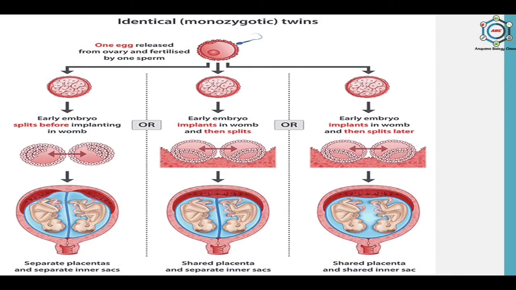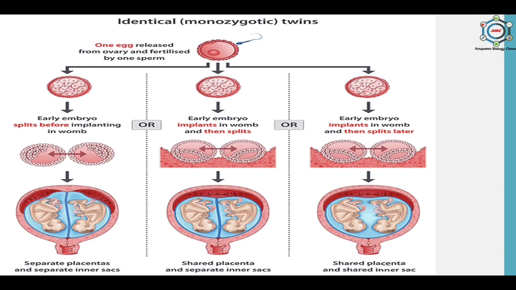Now, in case of identical or monozygotic twins, one egg is released from the ovary and fertilized by one sperm. So here there are three cases. In the first case, the early embryo splits before implanting in the womb. And here the separate placentas and the separate inner sacs occur.